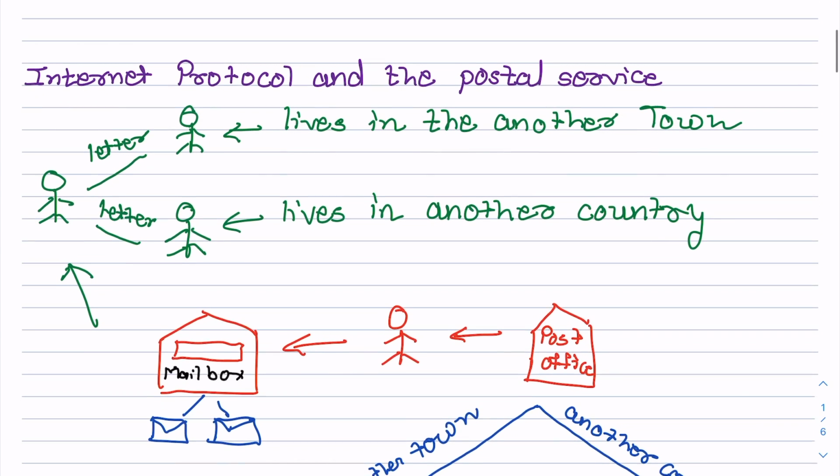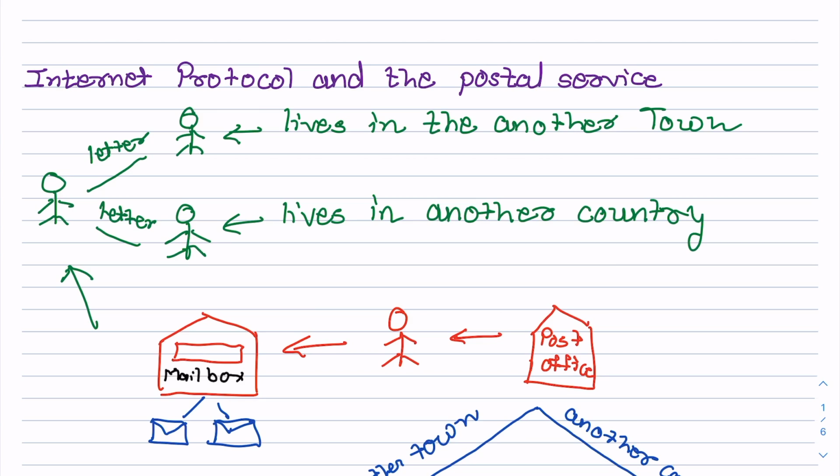What happens in a postal service? Let's take an example of sending mail to two different friends. Say you have two friends, one living in the next town, and one living on the other side of your country. What will you do if you want to send mail to both of them?